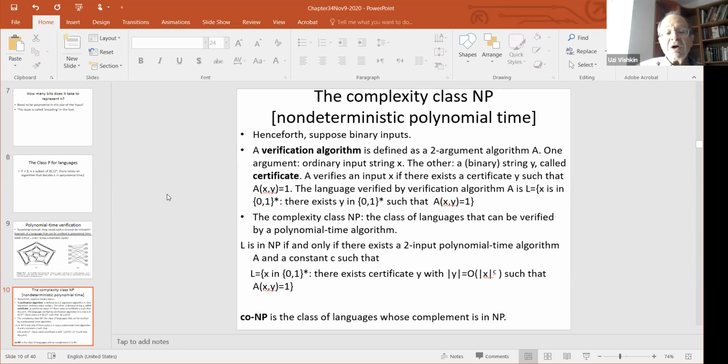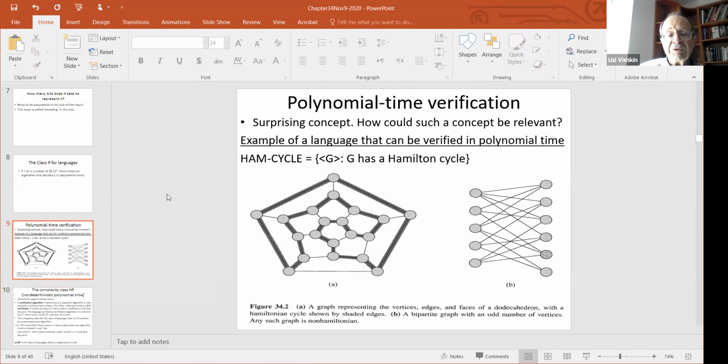The last term I'm going to describe today is the notion of co-NP, or complement of NP, because there will be problems where their complement is in NP. For example, if the question becomes not whether you have a Hamilton cycle, but whether you don't have a Hamilton cycle. This will be a legitimate language, right?